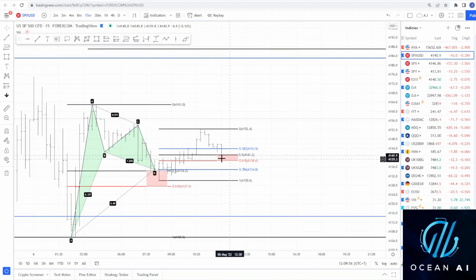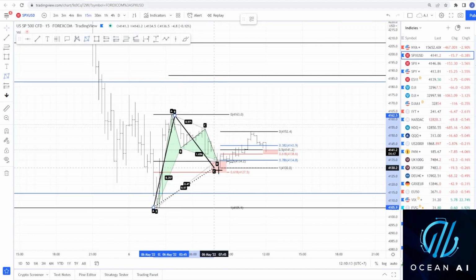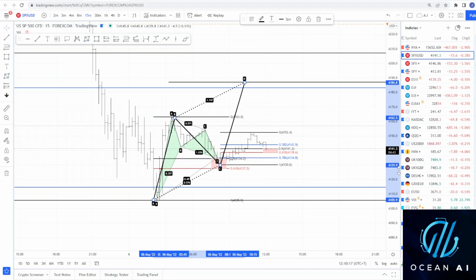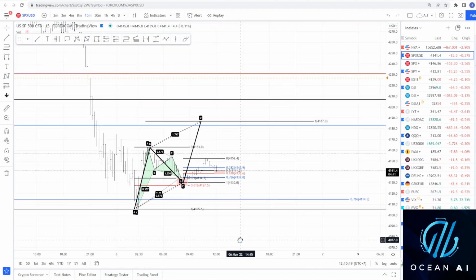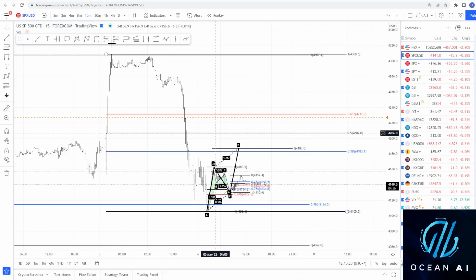Ideally I want it to turn roughly around here where we are and get that to rally up to the 4180, 4188 area, because this ABCD will take us up to there, and that's similar to the gold. That's the 382, and after a big drop like that, you want to be selling that.